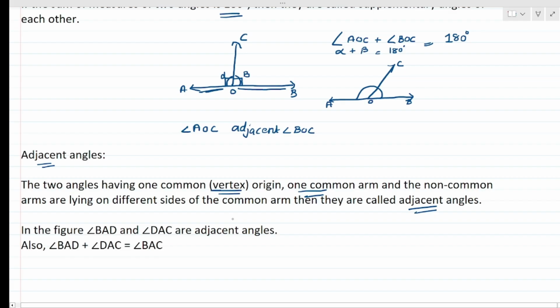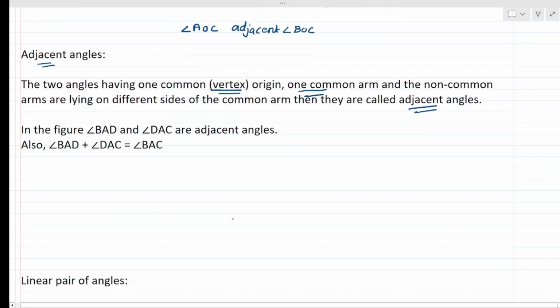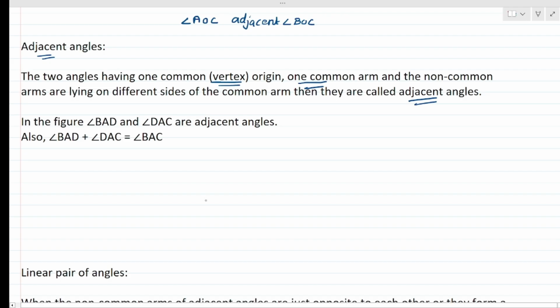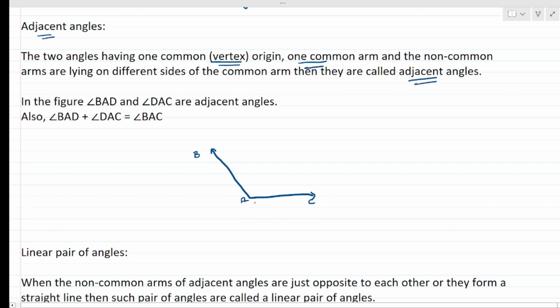Suppose we are given a figure. Let me take another example with the help of a figure. This is my figure. This is my angle BAC, and this is my ray AD. As you can see in the figure, angle BAD is adjacent to angle DAC.